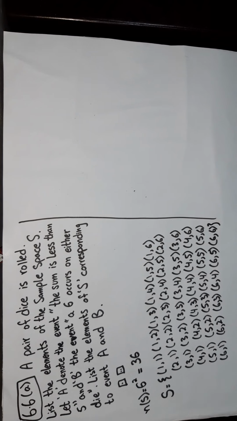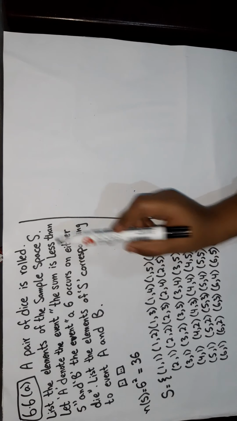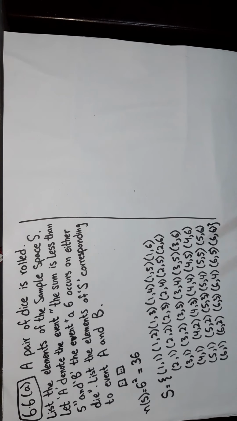So these are all possible elements of the sample space S, and if you count them, there are 36.